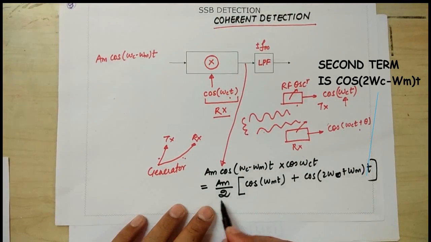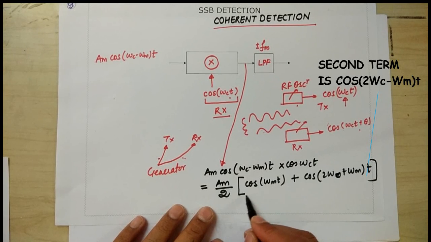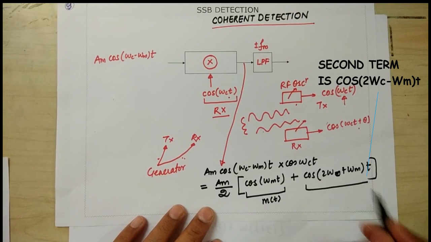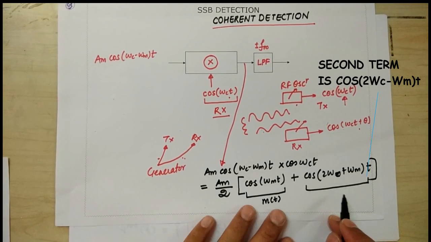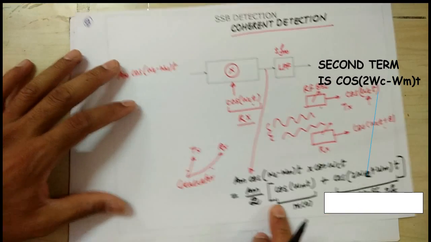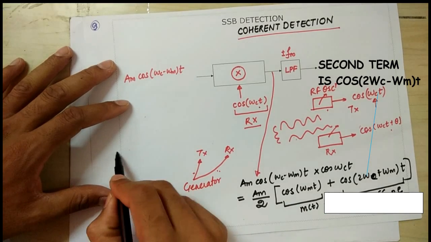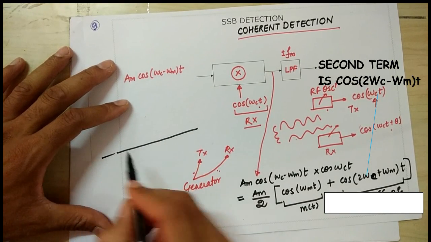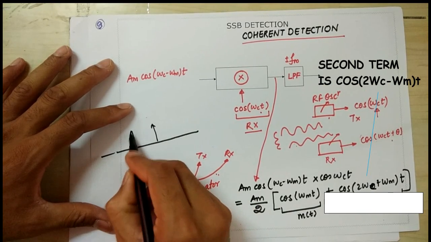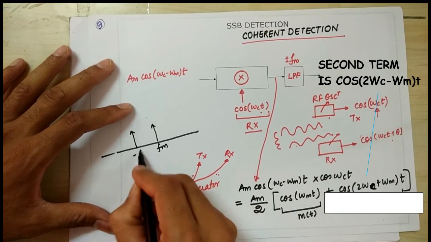Now if you see this signal, this is my message signal, and this is a signal which I don't want at the output. If you plot the spectrum of this signal, this is the original spectrum, which is at fm and minus fm.